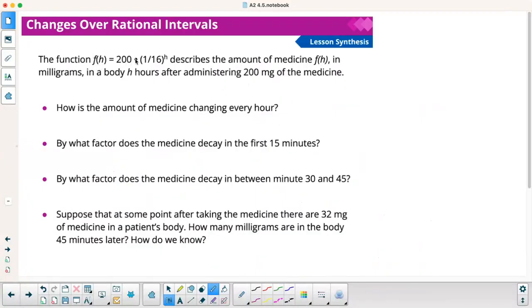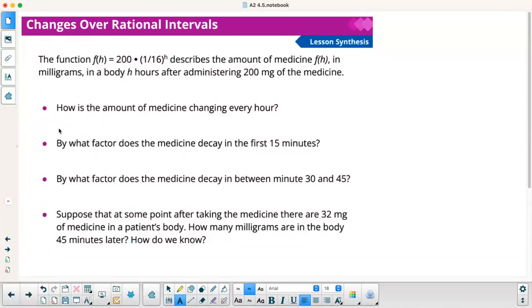Here's a function, f of h equals 200 times 1/16 to the h. It describes the amount of medicine, f of h, in milligrams in a body, h hours after administering 200 milligrams of medicine. How is the amount of medicine changing every hour? So h is hours, so every hour you only keep 1/16, because you're going to take 200 times 1/16.